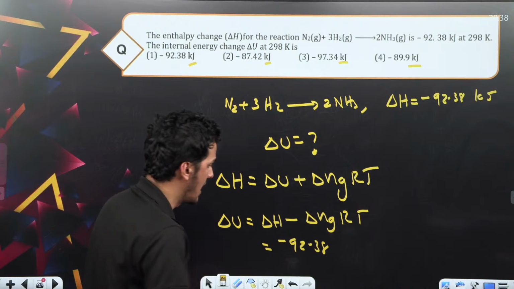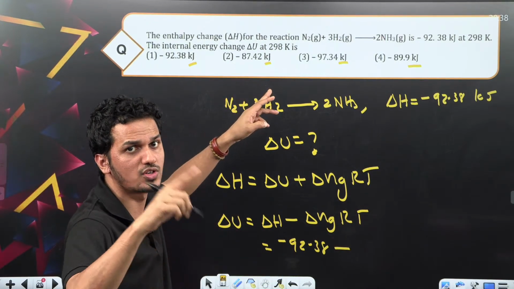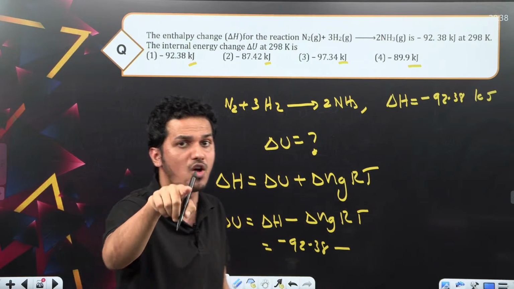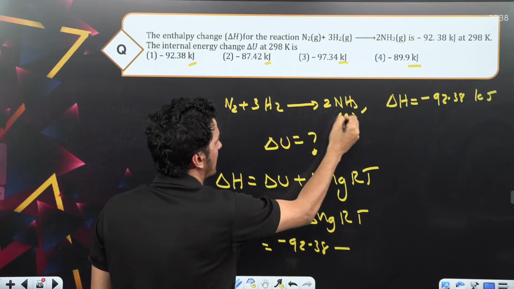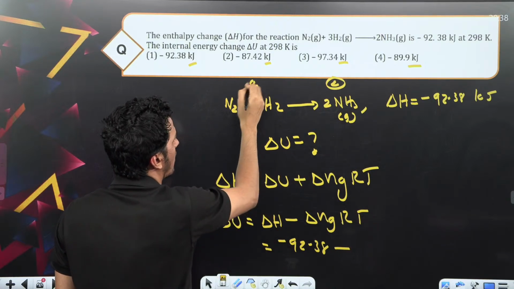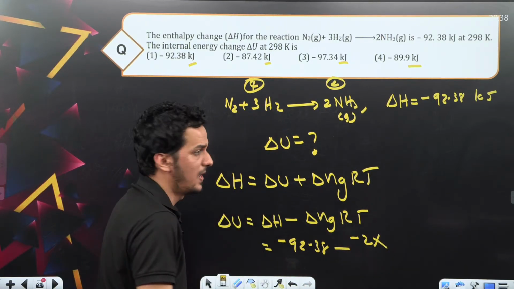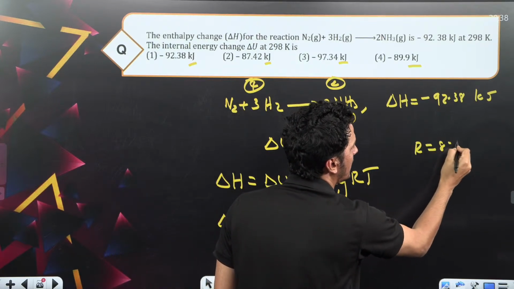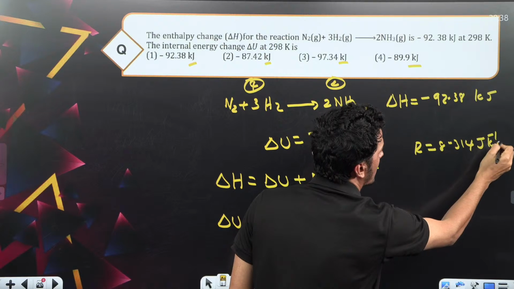92.38 minus. What is delta n g? Delta n g means number of moles of gaseous product minus number of moles of gaseous reactant. Only gases we have to consider. So here how many gases are there? 2. Here how many gases are there? 4. So 2 minus 4 is minus 2, so minus 2 into R. R value is 8.314 joule per Kelvin per mole.